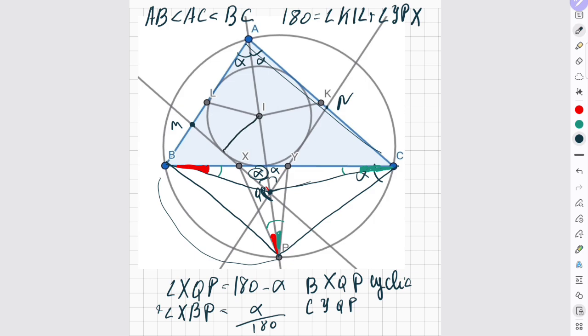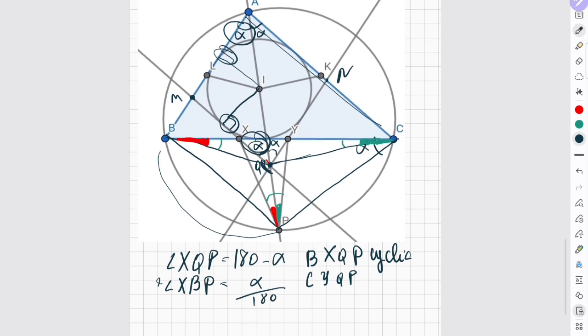Let's draw the altitudes here. Okay, the angle is 90. Here, we see that these two angles are the same. These two angles are the same.